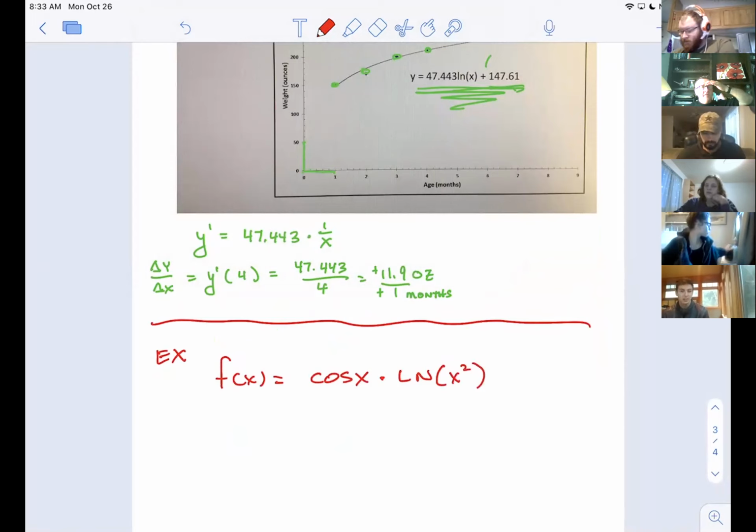Involves everything you've learned in this class so far. Natural log is in it, which you're no longer confused by, but it still kind of looks like 3.7, where you just have a big mess of stuff now. I'm just going to give you a minute. Maybe you won't get completely done.